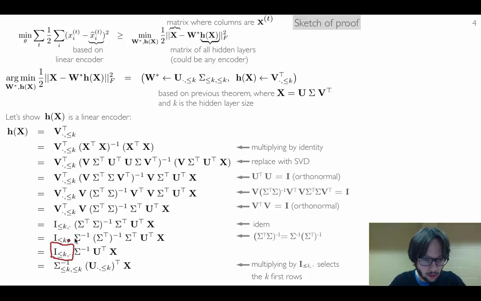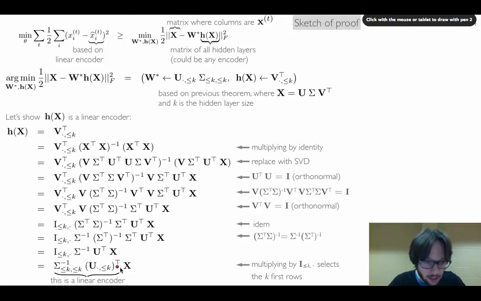The k first rows of that matrix can really be computed only by considering the submatrix of sigma inverse that corresponds to the first k rows and the first k columns, multiplied by the U matrix transpose, where we've taken only the k first columns of U. So doing that is equivalent to this, because this selects only the k first rows of that matrix, and these rows can be obtained just by multiplying these two submatrices of this and that.